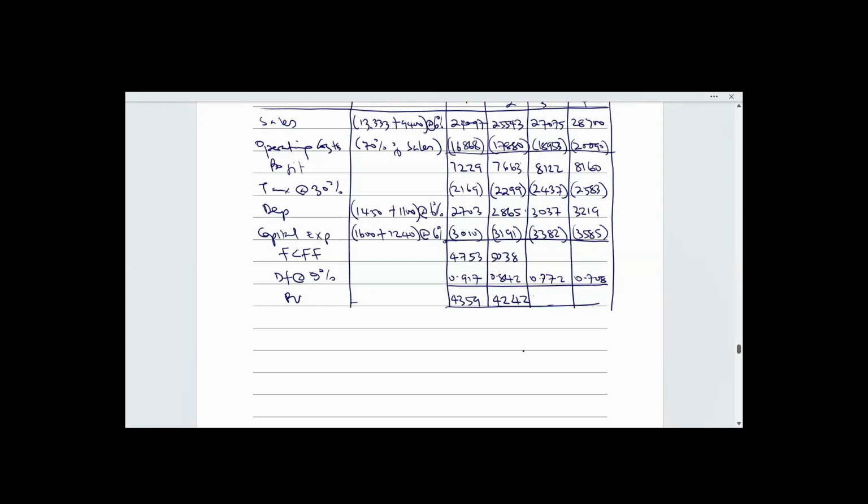Next one, 8122 minus 2437 plus 3037 minus 3382 equal 5340 multiplied by 0.772 equal 4122.